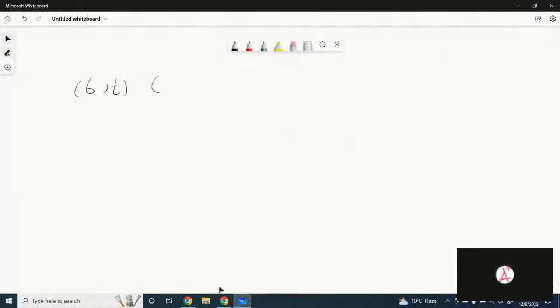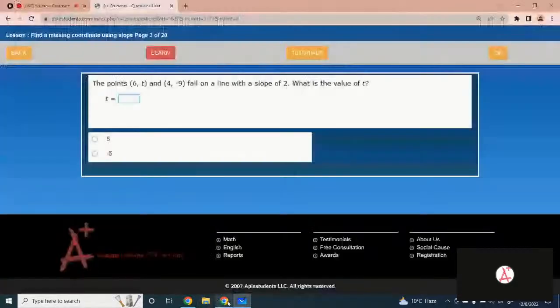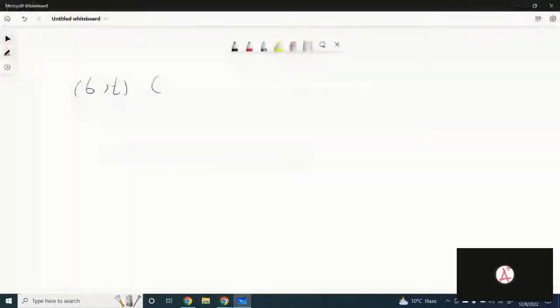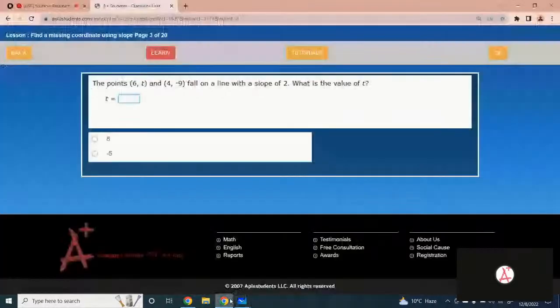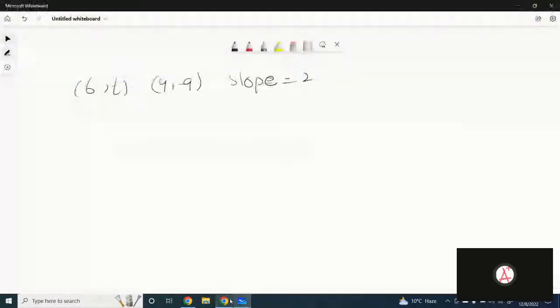Okay, the points are 6, t and 4, negative 9, and you're given a slope of 2. We know that the slope equals y2 minus y1, that is change in y divided by change in x.